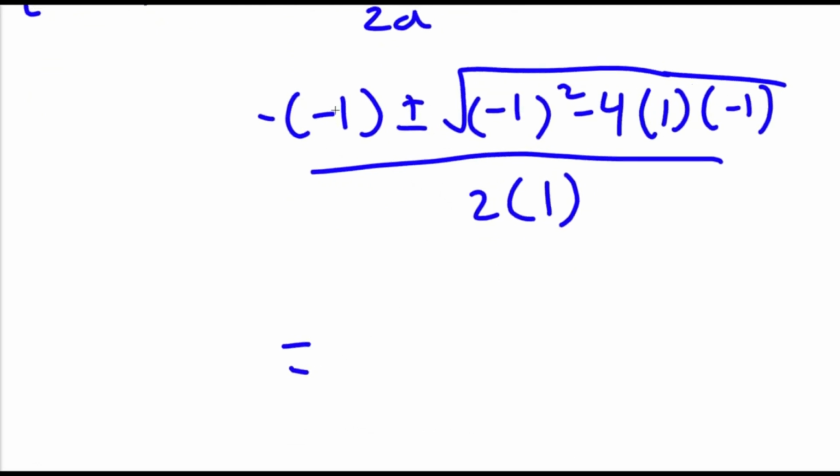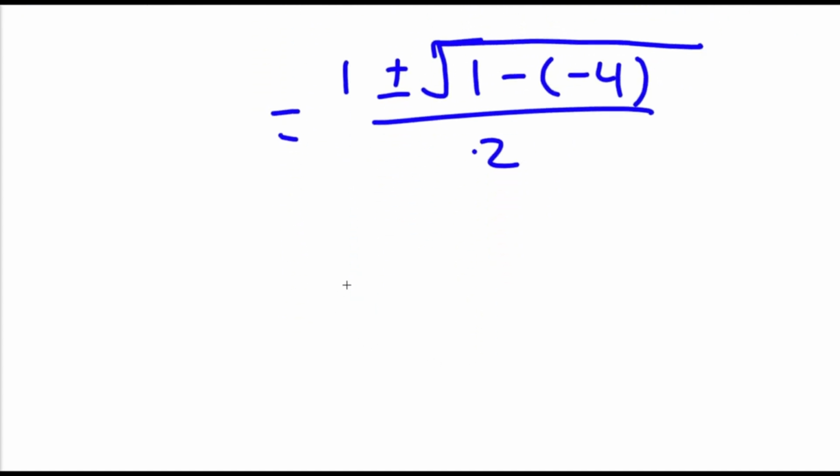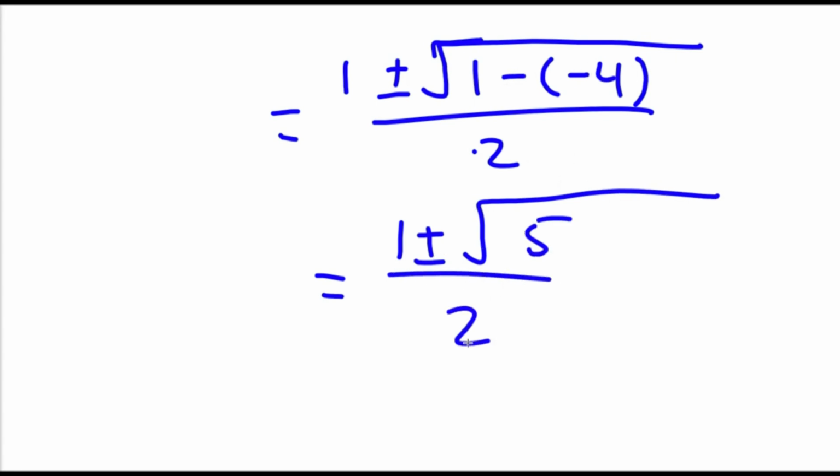Now this is equal to negative 1 is positive 1, plus or minus the square root of negative 1 squared is positive 1, minus 4 times 1 is 4, 4 times negative 1 is negative 4, all over 2 times 1, which is 2. This is equal to 1 plus or minus the square root of 1 minus negative 4, which is 1 plus 4, which is 5, over 2.